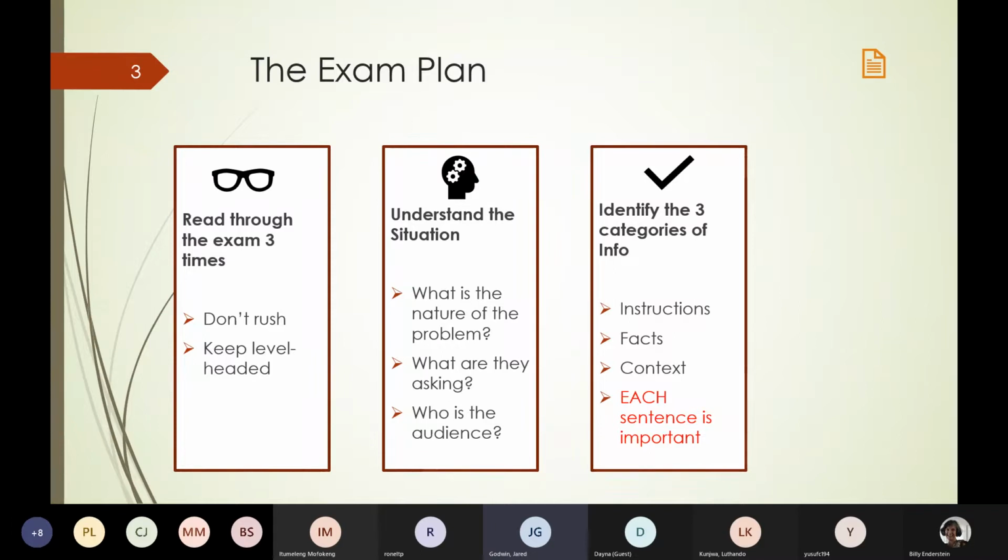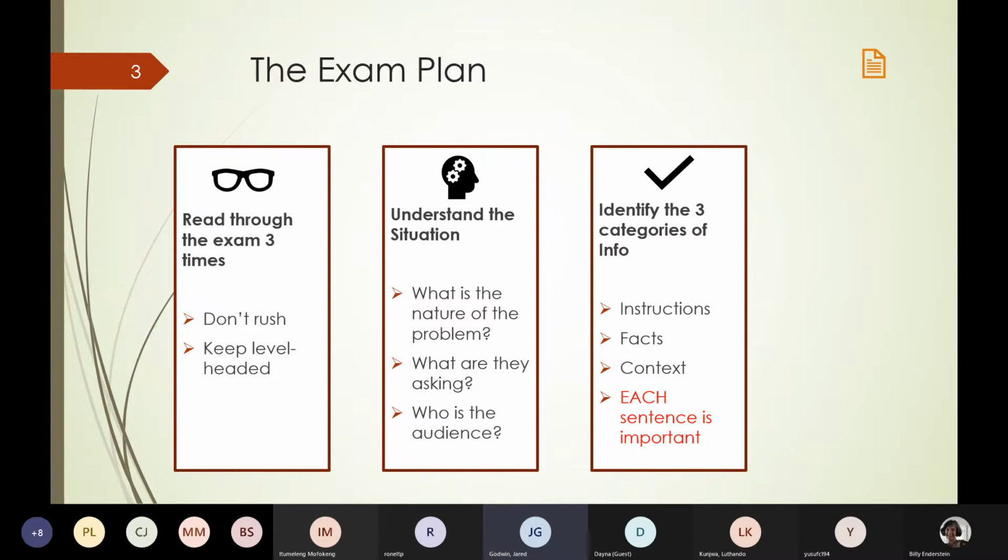But what I want you to do is to read through the exam, I would say 3 times. Some students can maybe do it twice, but definitely not just once. Don't start writing after the first time reading. Read through it, I'd say 3 times, just so that you can assimilate what it is that the question is asking you. And that's where the second column comes in, to understand the situation.